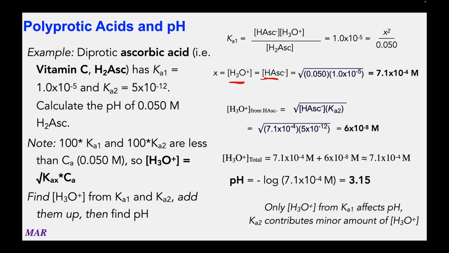So the best way then to find the total hydronium and to find the pH would be to add those two numbers up. So you want to add up the hydronium from the first one, 7.1 times 10 to the minus 4, and add it to 6 times 10 to the minus 8th molar for the second one. Now, with sig figs, you have to cut it off at the largest doubtful digit.